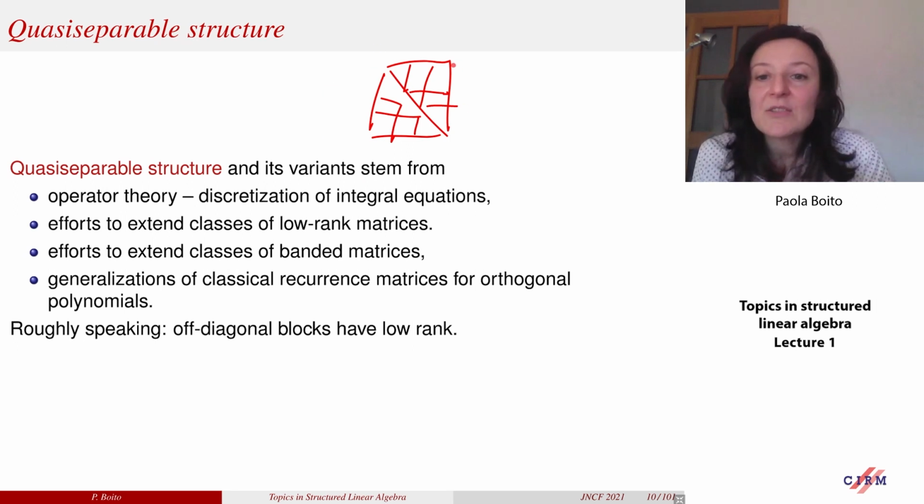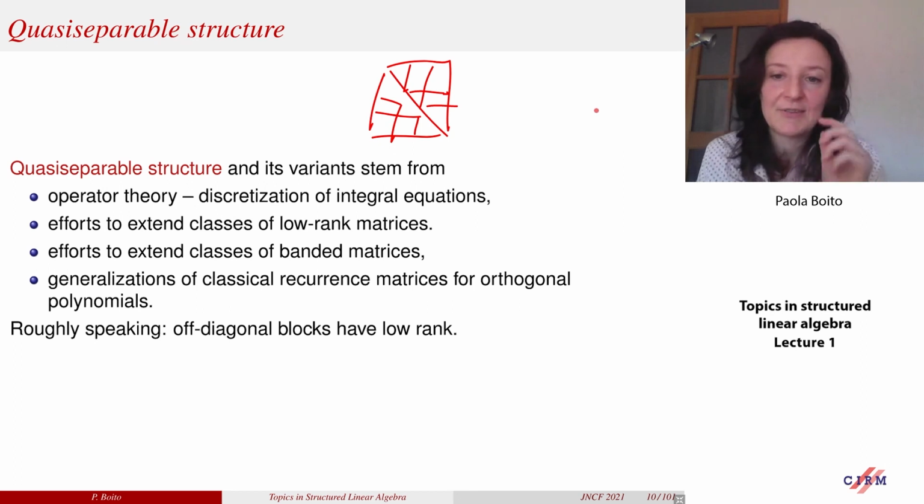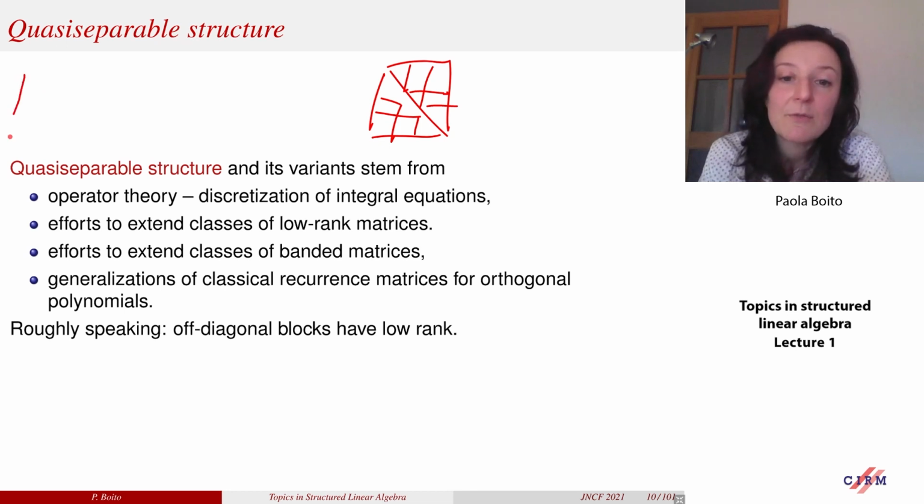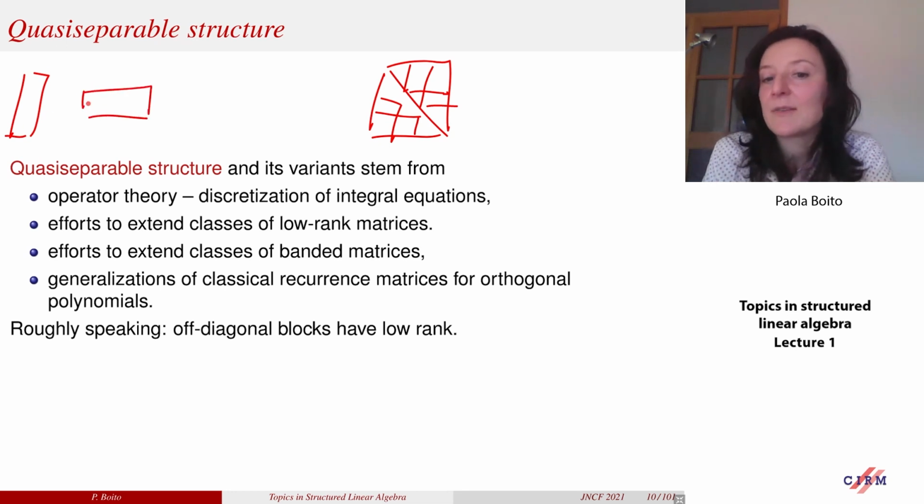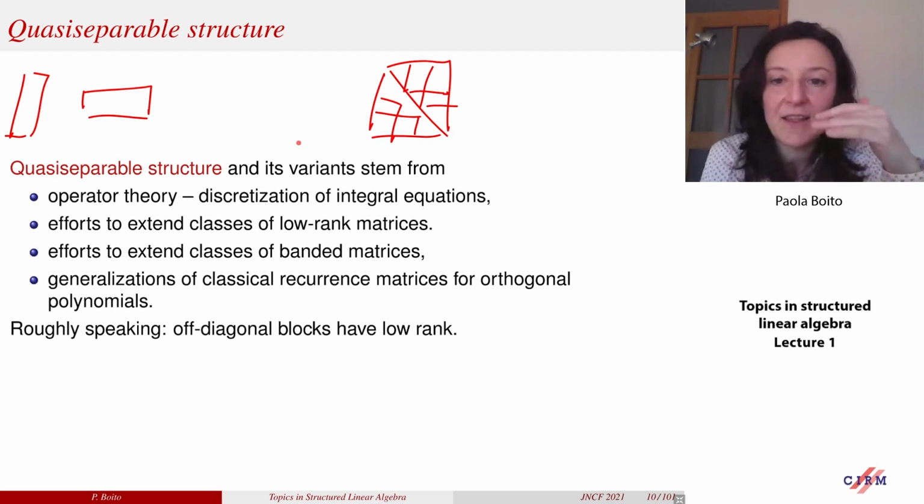This kind of structure can be seen as a generalization of other structures in different ways. It's certainly a way of extending the class of low-rank matrices. Low-rank matrices are sparse in a sense, because we can write them as a product of a tall and skinny matrix times a wide and low one.